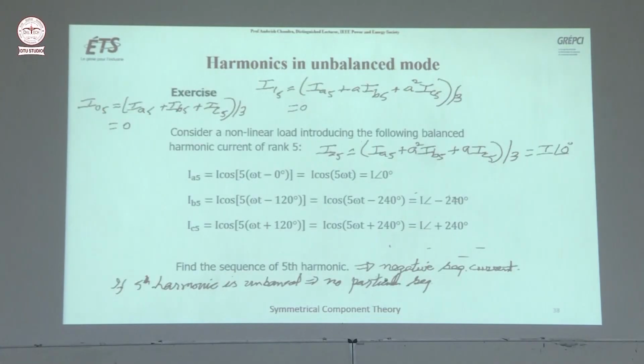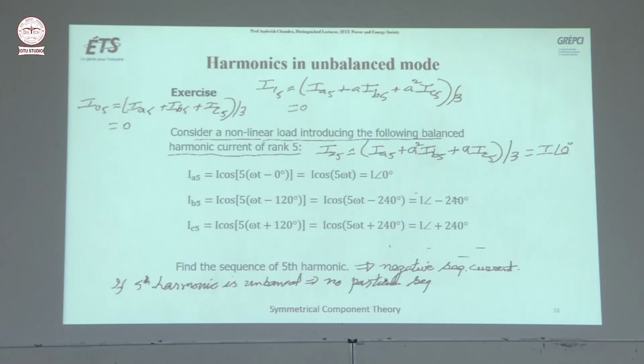Now I will give you a very simple example. See this example. Here you have to consider a non-linear load introducing the following harmonic current of rank 5, the fifth harmonic.